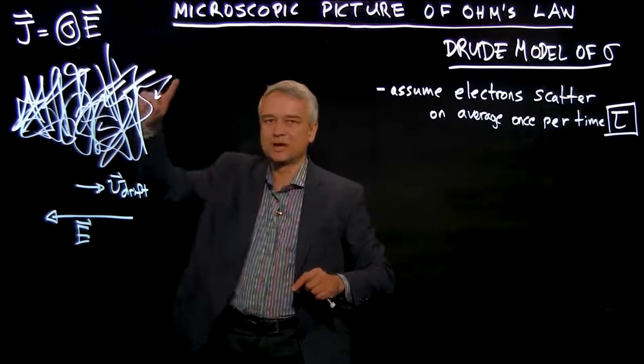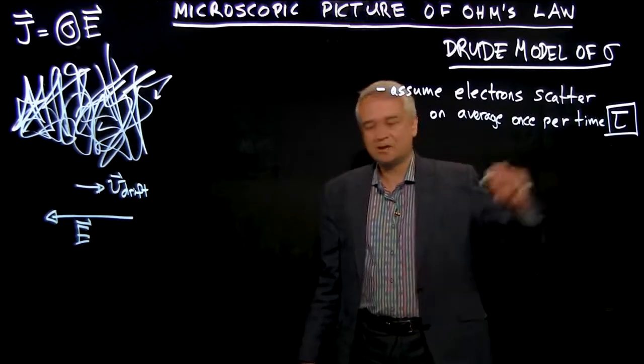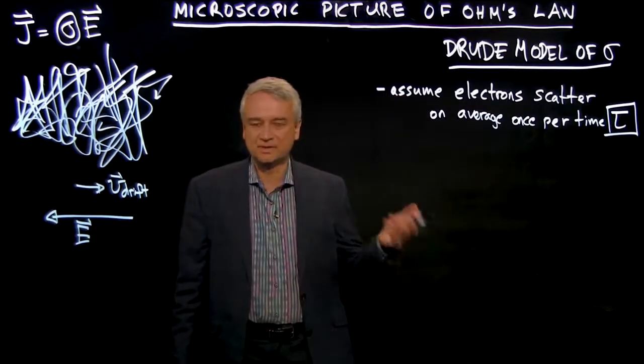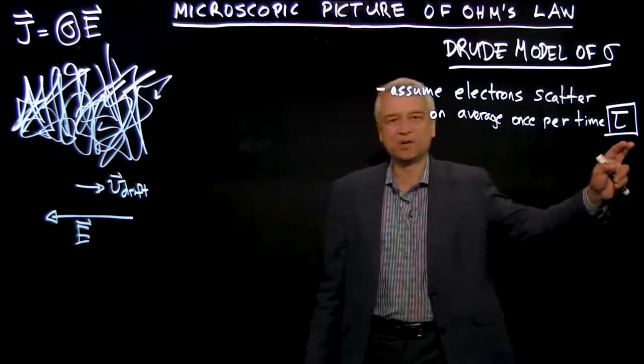So scatter means change direction. And this time tau is a property of the material. It's going to be different for copper than for aluminum, than for gold, than for silver, than for platinum. So this is our first material property.